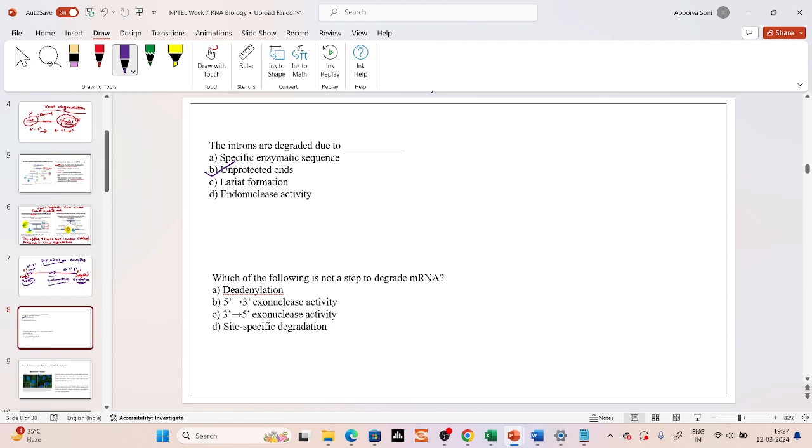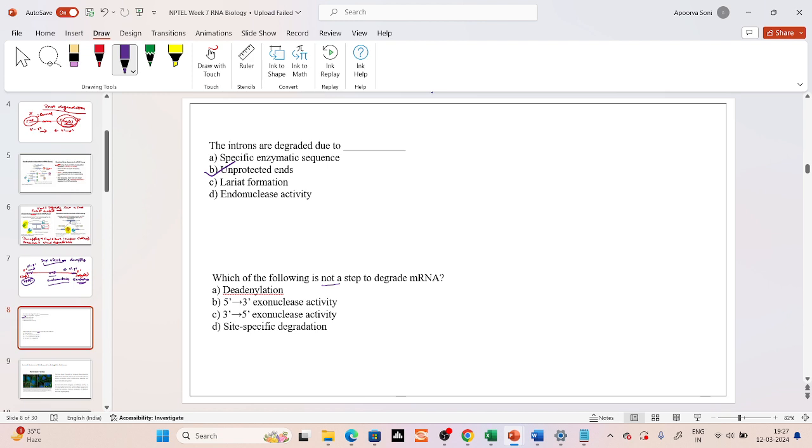Okay. Now the next question is: which of the following is not a step to degrade mRNA? Not. Deadenylation, 5' to 3' exonuclease activity, 3' to 5' exonuclease activity, or D, that is site specific degradation.